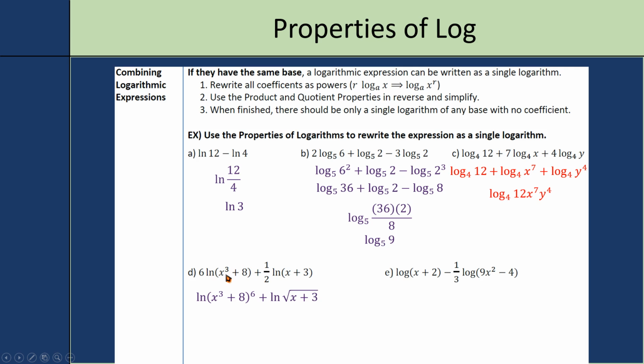Remember, you can't distribute the ln, okay? So 6 becomes the exponent of this argument here. So ln of this thing to the 6 plus ln of this thing to the 1/2. And 1/2 is square root, right? And then since you're adding, you have to put them together. But instead of the root now, I'm just going to leave 1/2 because this one has an exponent, and this one should have an exponent instead of a root.